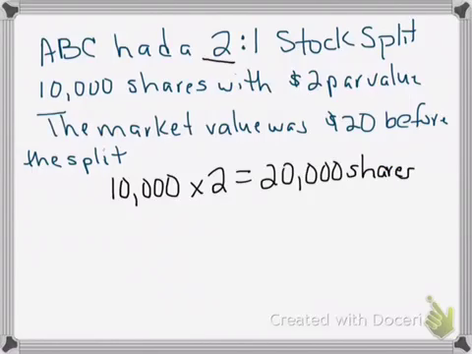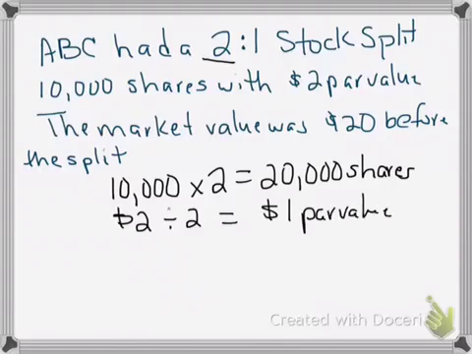We not only have to look at increasing those shares, but we have to decrease the par value because we had a $2 par value. Well, once we have a stock split of the 2, we have to reduce that down, so now it will be a $1 par value. And the other thing that changes is that market value. So if we had a $20 market value, we would divide that by that split number, that 2, and so now we would have a $10 market value.